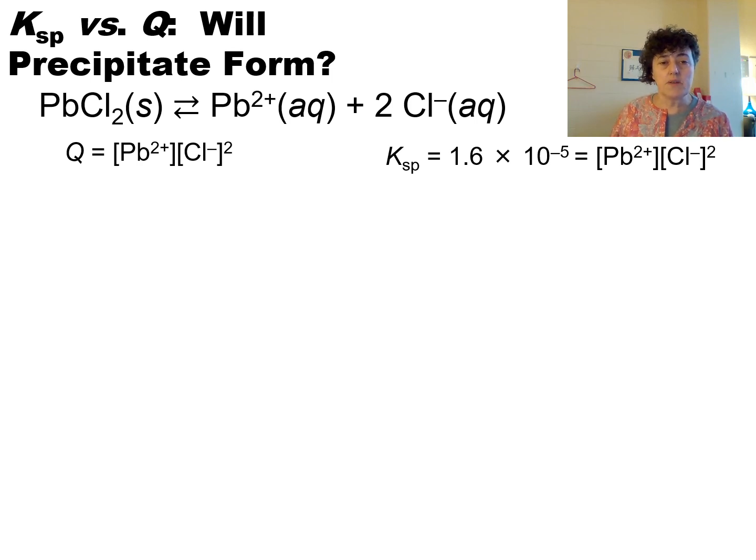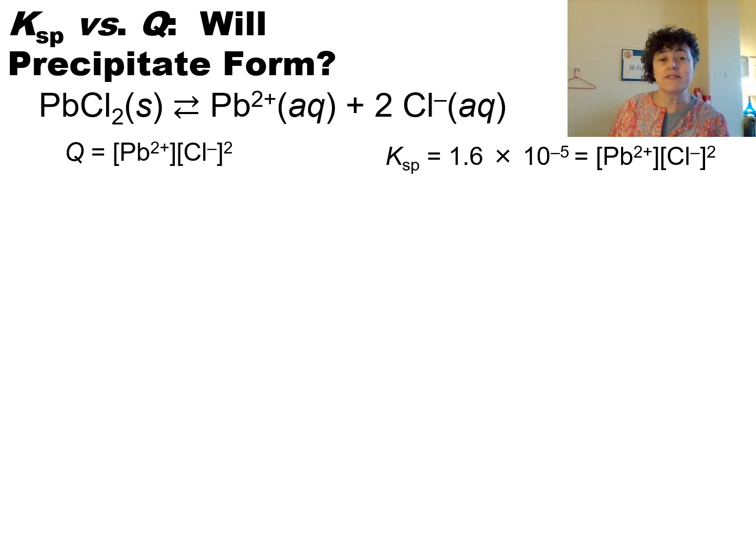This is the equilibrium solubility for lead chloride with the Ksp that's pretty small. The Q is calculated in the same way by multiplying the concentration of lead times the concentration of chloride to the second power. But while Q can have infinite value, Ksp can only have one specific value. So by comparing the Q obtained at a certain specific concentration of lead and chloride, you can tell if it's going to precipitate or not.